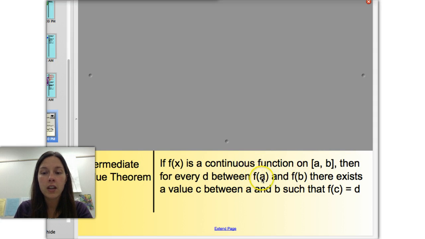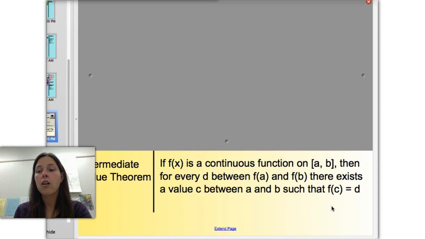So evaluate the function at 2, get a y value. Evaluate the function at 3, get a y value. For every y value in between those answers, there will be a c value, another x value, between a and b, such that f of c equals d.